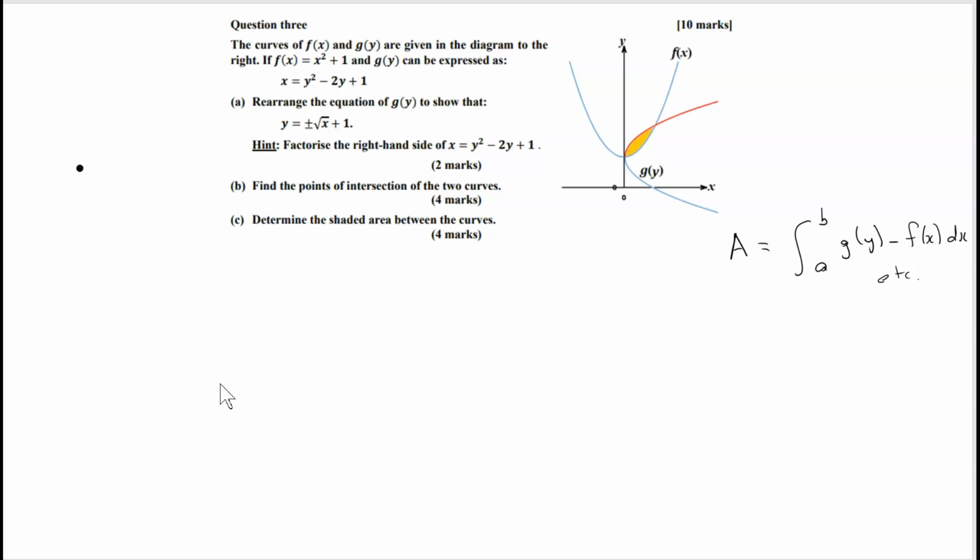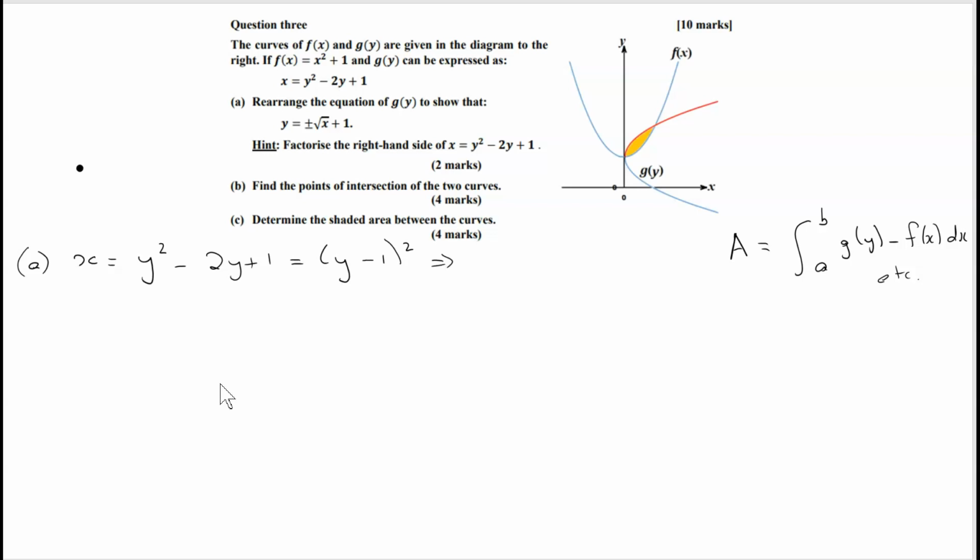So it says, to start off with, if x equals y squared minus 2y plus 1, find y. And obviously then y is going to be in terms of x. And it even tells you, hint, factorize the right-hand side. So if you factorize it, it becomes (y minus 1) squared, and that's equal to x.